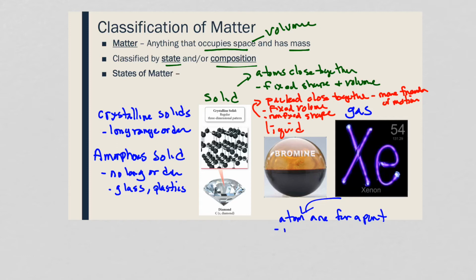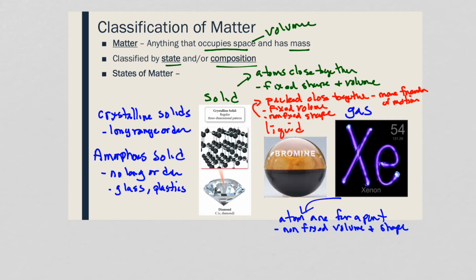And they have a non-fixed volume and shape. So essentially, they will adapt to the volume and shape of the container that they're allowed to occupy. So the atoms will move far apart or closer together depending on the volume and or shape of the container that the gas is put into.